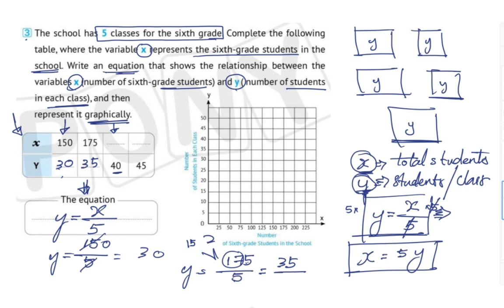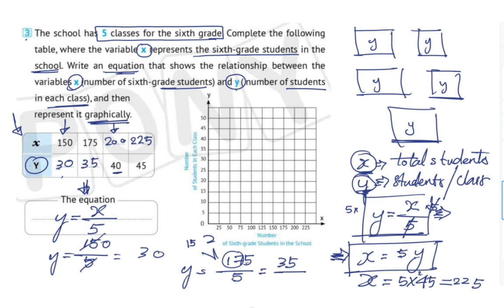Now I will use this relation to find the value of X. So if it gives you the value of Y as 40, 40 times 5 equals 200. So if Y equals 45, I will multiply it by 5. 5 times 5 equals 25, carry 2. 5 times 4 equals 20, plus 2 equals 22. So 225.